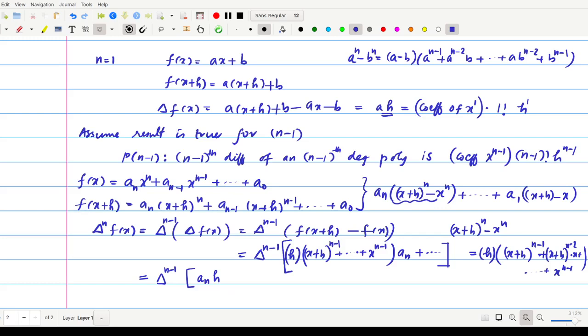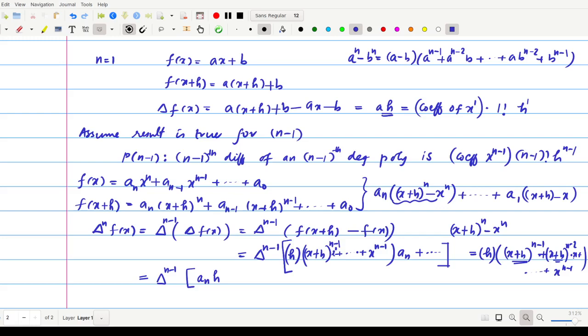When you consider all these terms, we have n terms here, from x raised to 0 to x raised to n minus 1. If we consider the first term, then there will be x raised to n plus n minus 1, and each of these terms, if we consider (x plus h) whole raised to n minus 1, (x plus h) whole raised to n minus 2 times x, all these terms contain x raised to n minus 1.